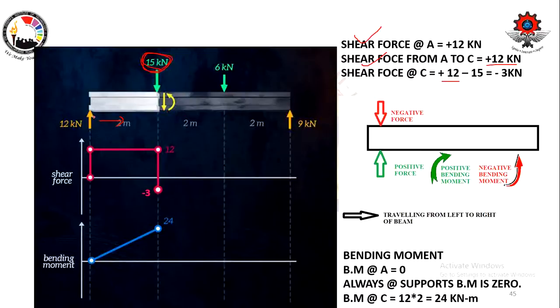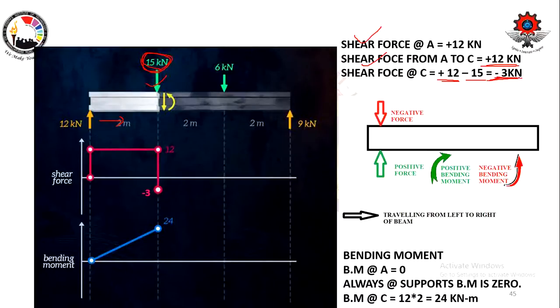Carry the 12 from the previous step, here minus 15. How minus? Downward force is always negative force. So 15 is a downward force, so it is negative. So 12 minus 15, the end result is minus 3 kilonewton.